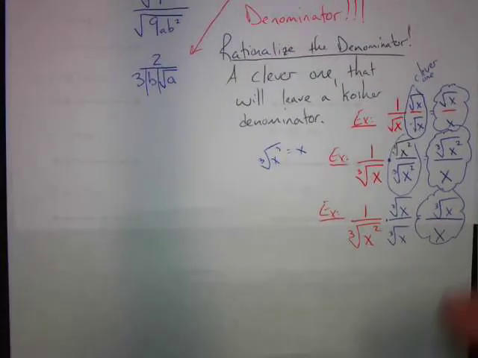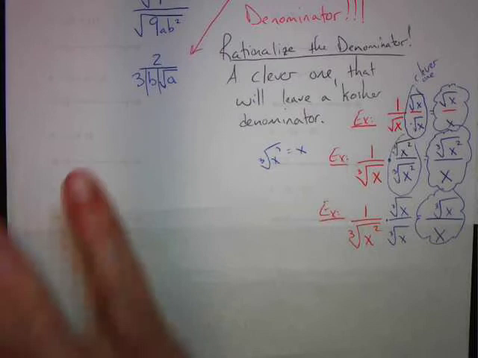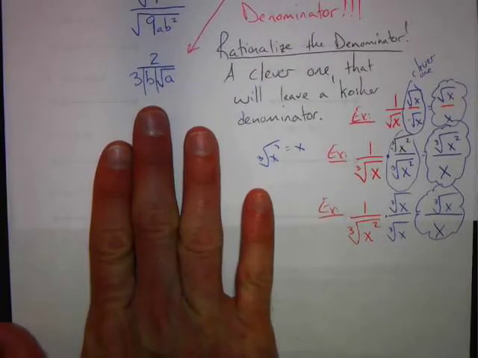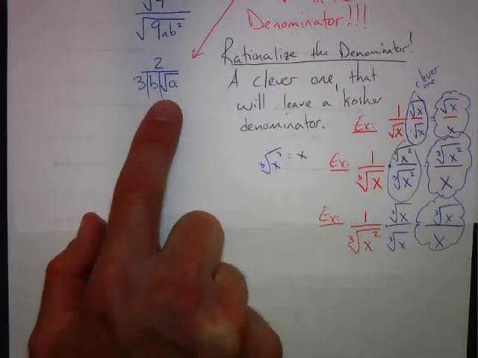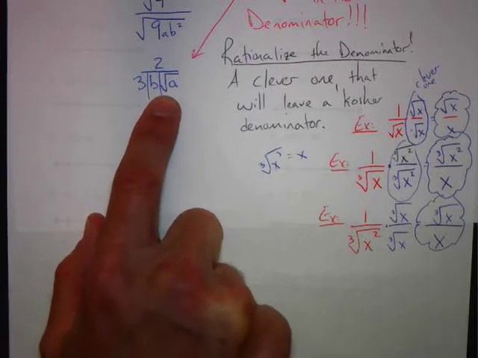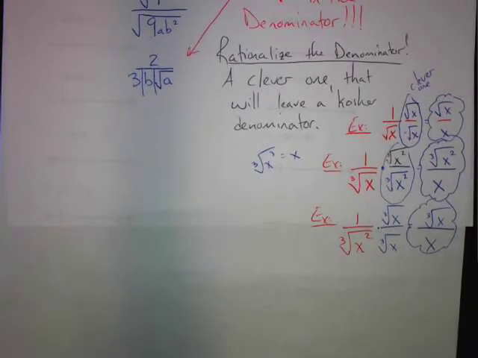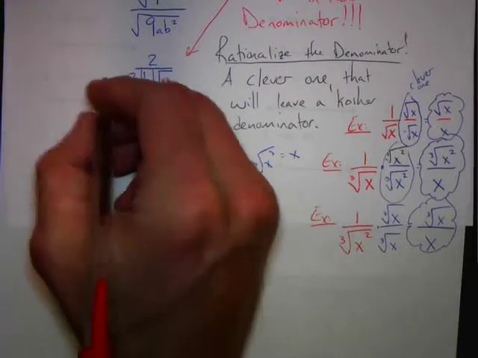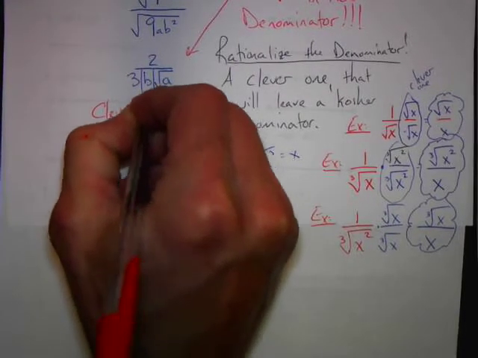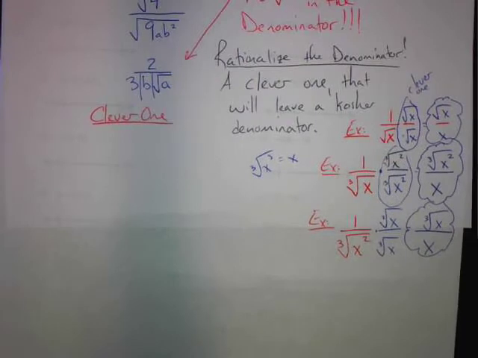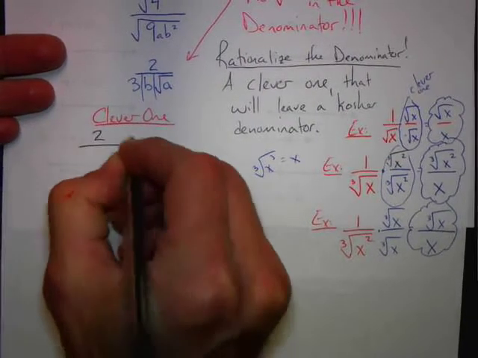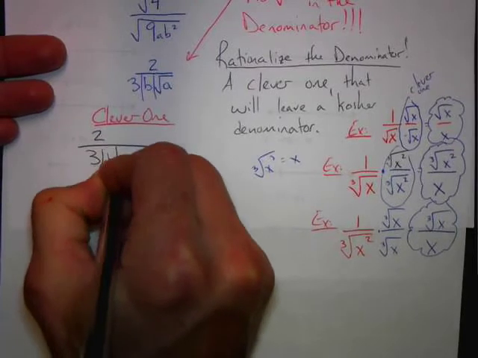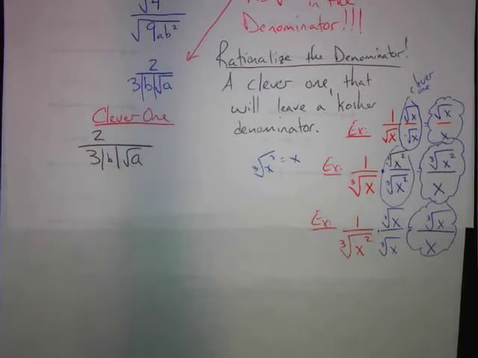So that's the whole concept of rationalizing the denominator, which brings us back to where we left off in our problem number 3. Darn it, we have a radical in the denominator. So we must think of the clever one that we could multiply this fraction by that would get rid of the radical.